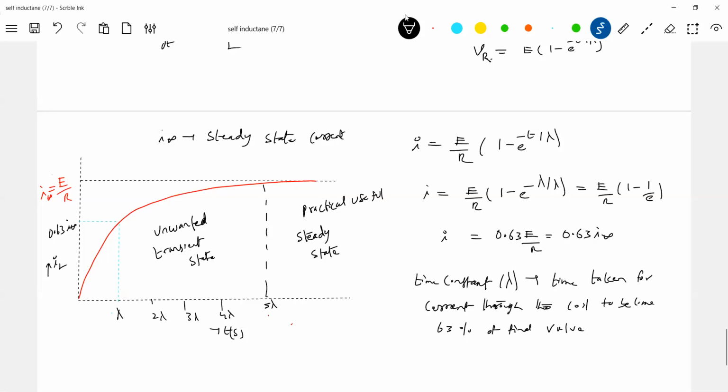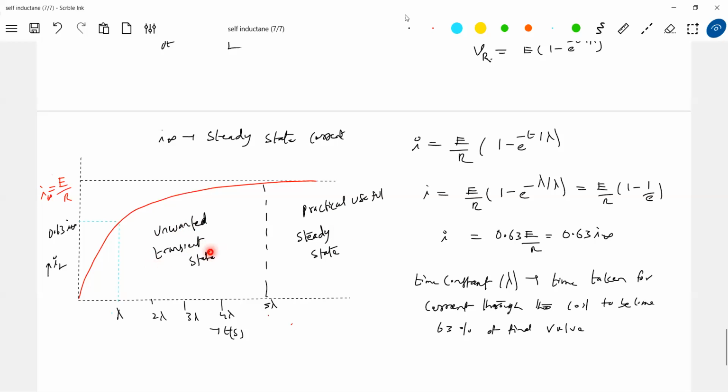In which particular state will we be using the inductor in applications? I'll be using it in this region. This unwanted one, you want it to be more or less nil. Take unwanted online coaching classes: do you want them continued till your final exam? No, you want them over as early as possible, and physical classroom instead. So the unwanted part, we don't want it.